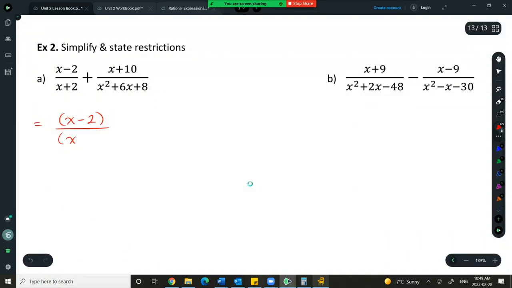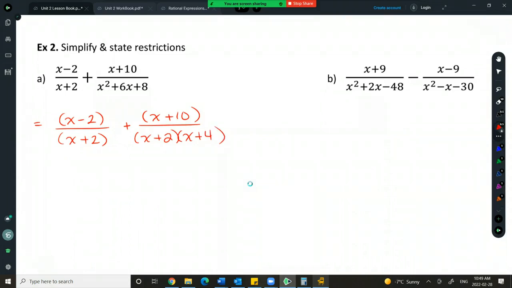Also, I like to bracket up these terms just to remind myself these are groupings. So I would put brackets around all those binomials. And we have, as we found, x plus 2, x plus 4 adds to 6, multiplies to 8, and it's easy factoring, so we put them right in the brackets, right?